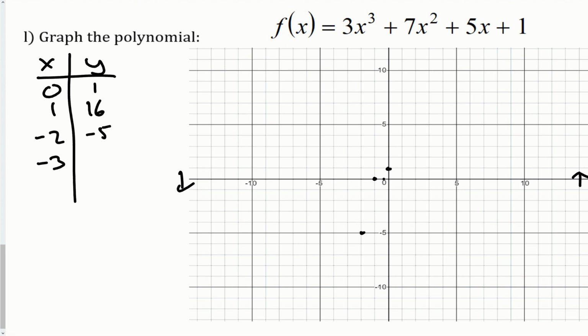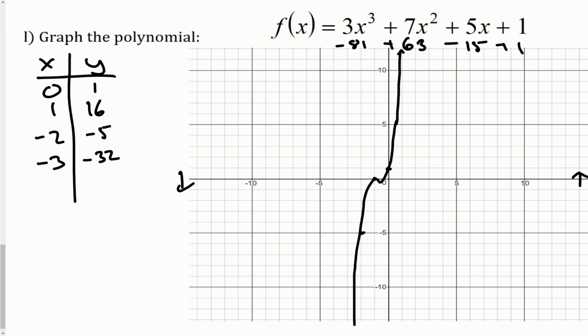So -3, that's -27, times 3, that's -81. 7 times a positive 9 is going to be 63, minus 15 plus 1. 81, 63, 15, and 1 gives me -32. Okay, so again, there's no real shortcut here to how to get these points. And you're just going to make a nice smooth curve through all of them.